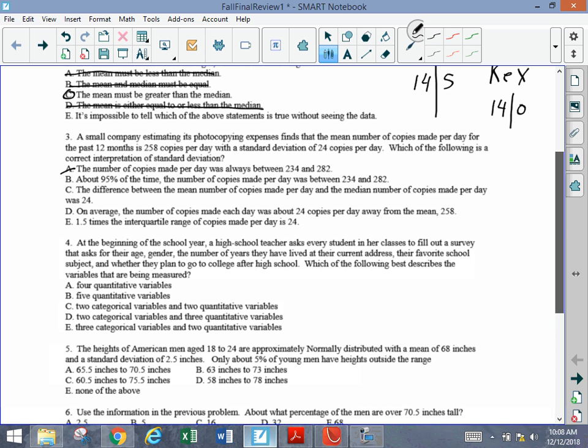Not this one. 95% of the time, no. The difference between the mean number of copies and on average, love it. Because our definition of standard deviation is that it is the average amount that each data point is from the mean, or on average, how far away each data point is.